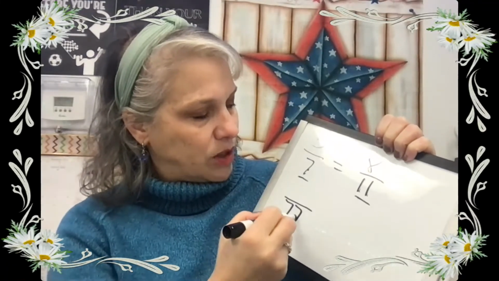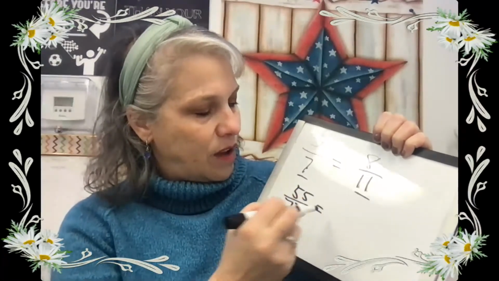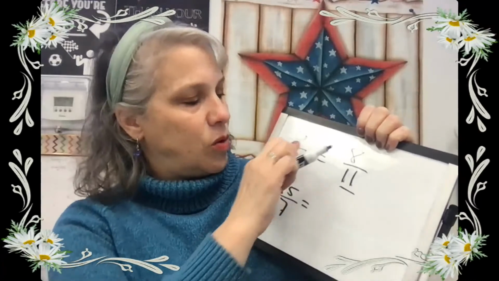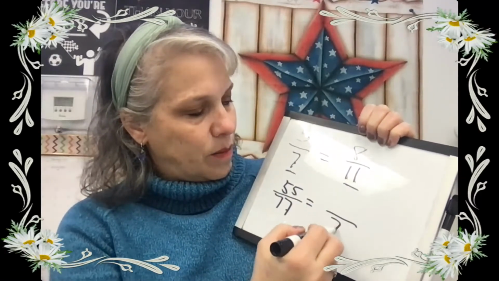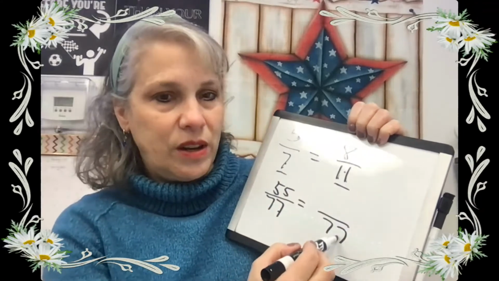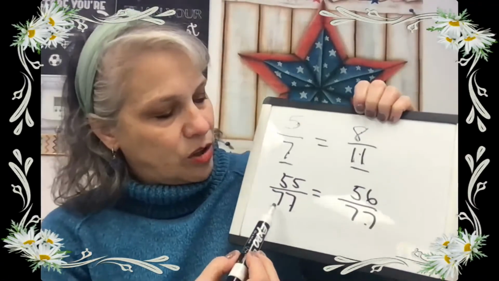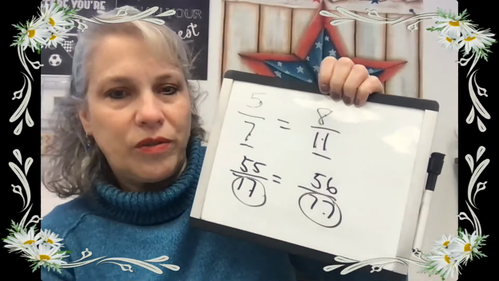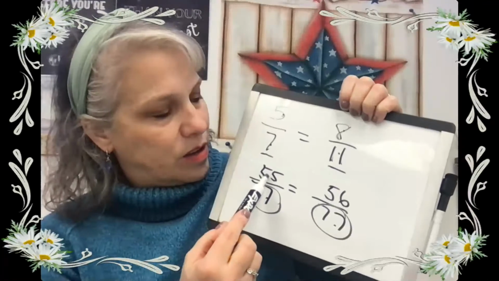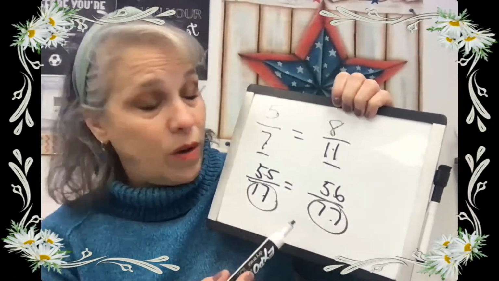So 7 times 11 is 77, 5 times 11 is 55. Okay, so that's an equivalent fraction to 5/7. And here I'm going to do 11 times 7 is 77, 8 times 7 is 56. So if I have the same denominator, I can compare the fractions. And this 55 is not equal to 56, so they're not equivalent.